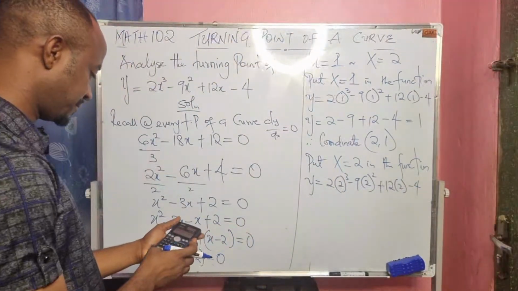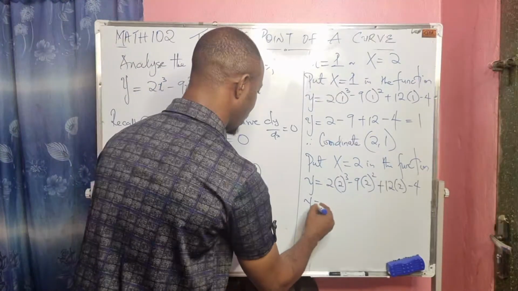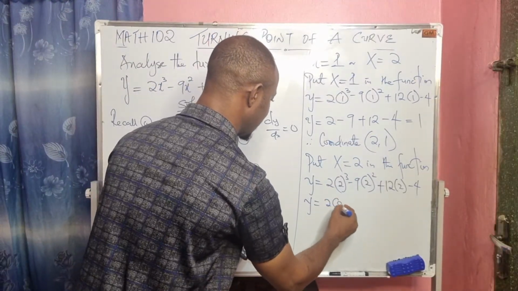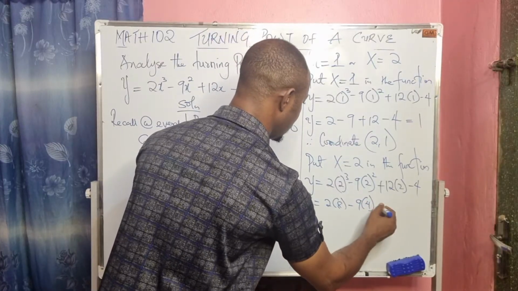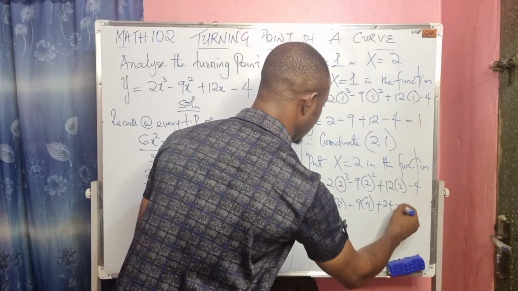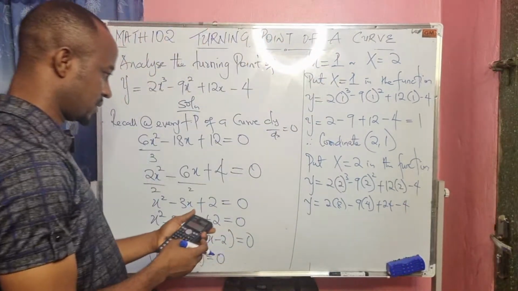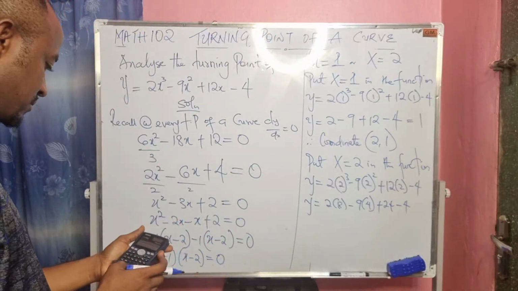Here we have y becomes 2 times 8 minus 9 times 4 plus 24 minus 4. So let's evaluate further.